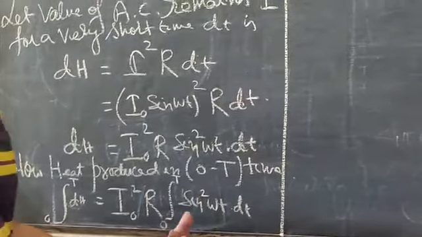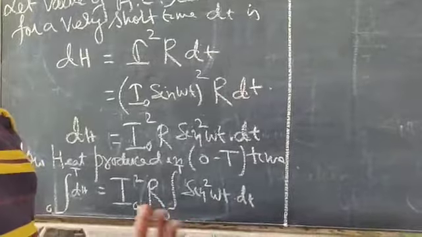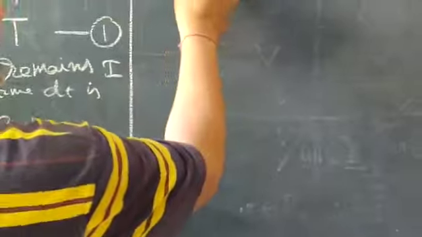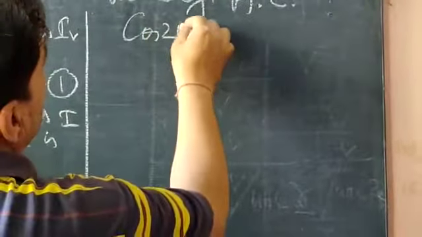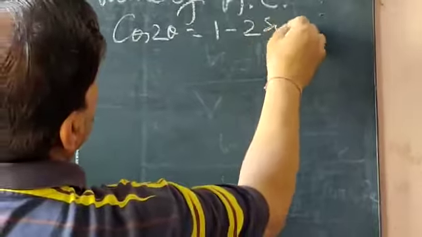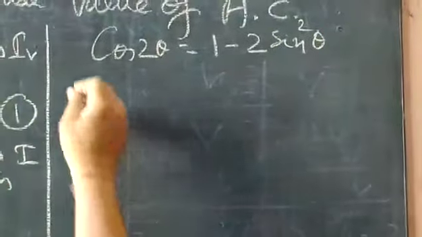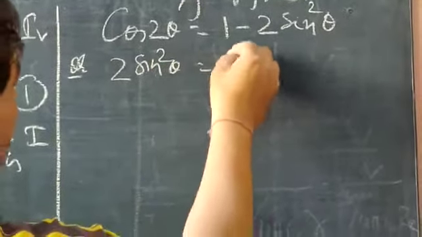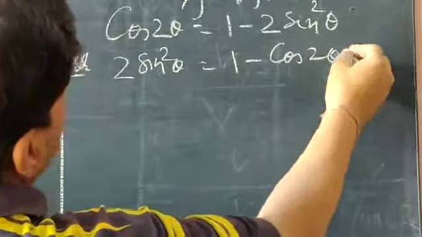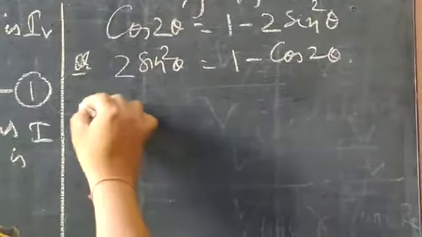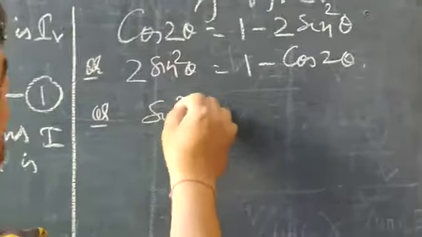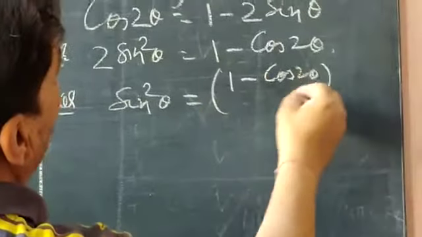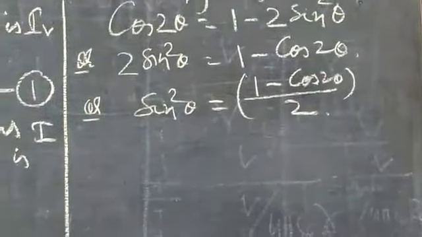Now sin square theta or sin square omega t is not directly integrable. So what we do? We know that cos 2 theta is equivalent to 1 minus 2 sin square theta, or 2 sin square theta is equivalent to 1 minus cos 2 theta, or sin square theta is equivalent to 1 minus cos 2 theta upon 2.